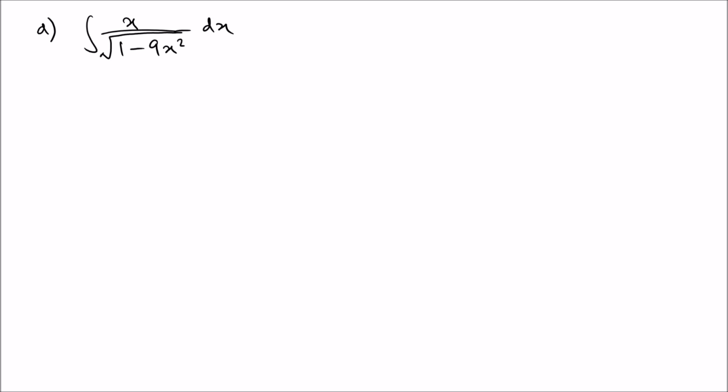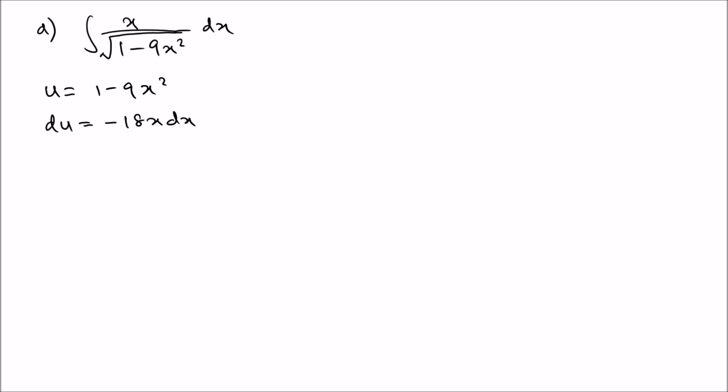So in this problem also it is obvious what the u is. u is the inside function, u equals 1 minus 9x squared, because you can see the derivative is negative 18x. So we can take the derivative.